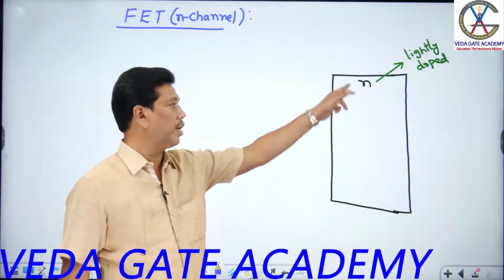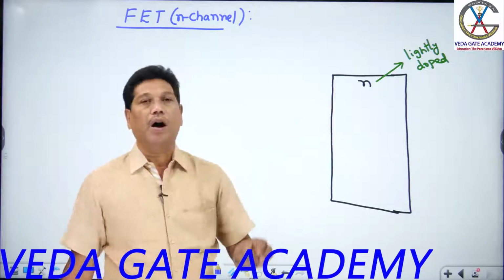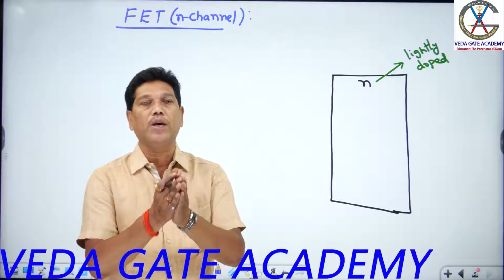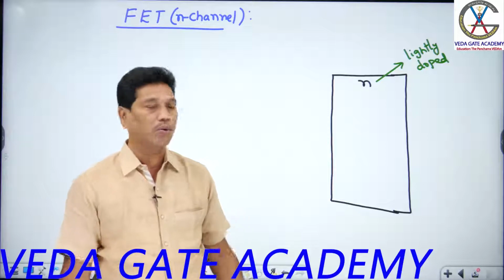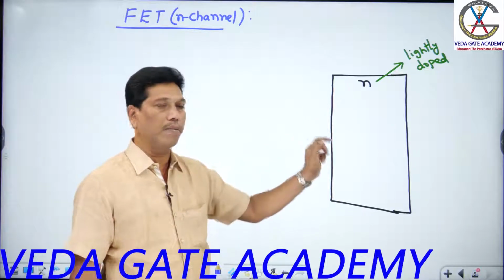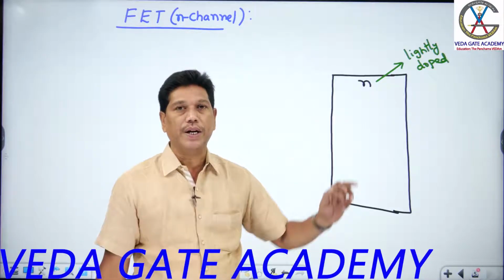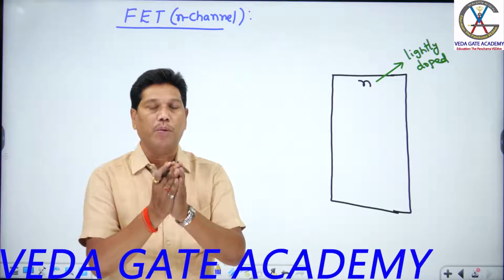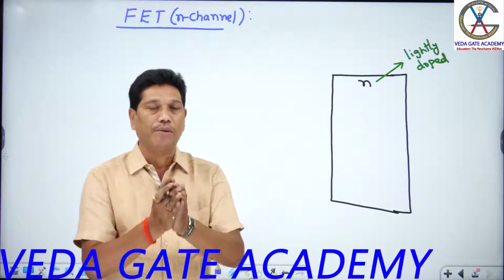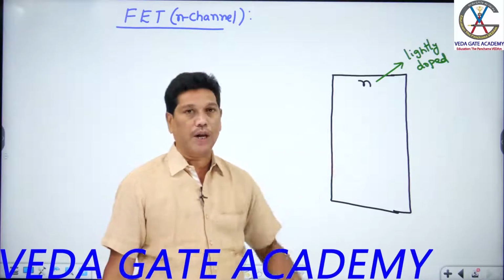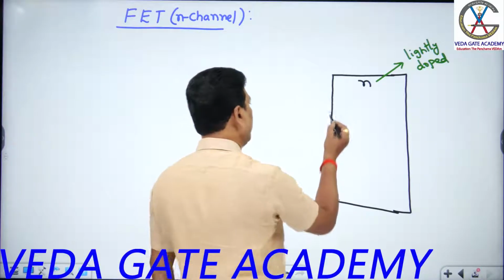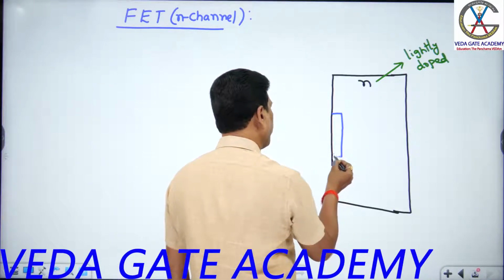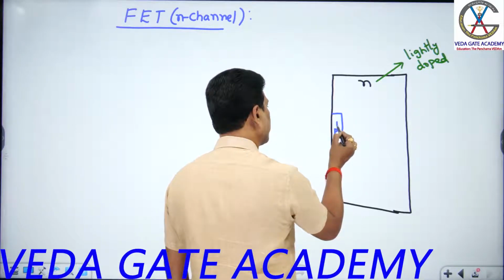On this n-type silicon body, on both sides at the center, I diffuse 2 highly doped p-type materials. So now, students, on this n-type silicon body at the center on both sides, I diffuse highly doped p-type materials. So this is one side, on which I diffuse a highly doped p-type material, that is p plus.